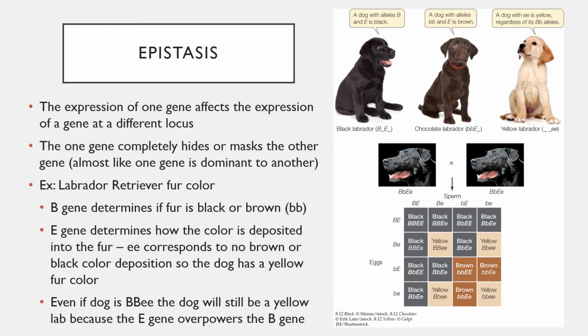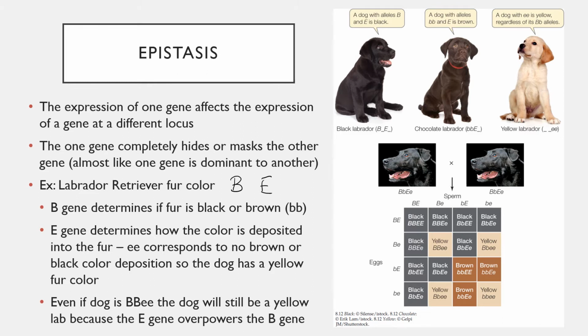The example that your book uses, and that is really easy to understand, is this idea of fur color in Labrador retrievers. So the fur color for these labs is going to be controlled by a B gene and an E gene. The B one determines whether or not fur is going to be black or brown.